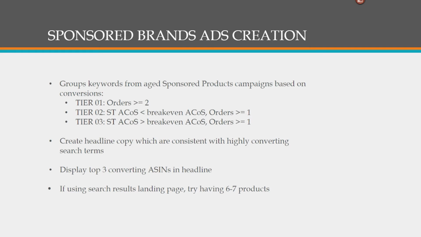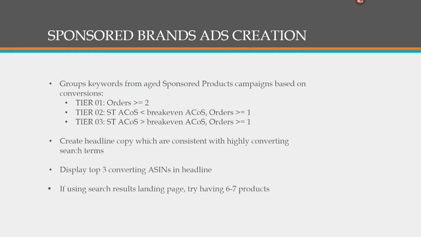To continue the theme of the explosive number of campaigns we can create, next we're going to talk about creating headline copy which is consistent with the highly converting search terms. Your copywriter or you yourself, feel free to be creative to come up with different types of headline copy that's relevant to your product and relevant to the use case.